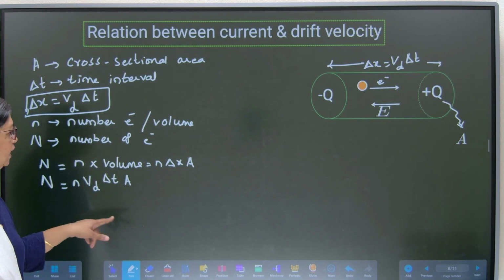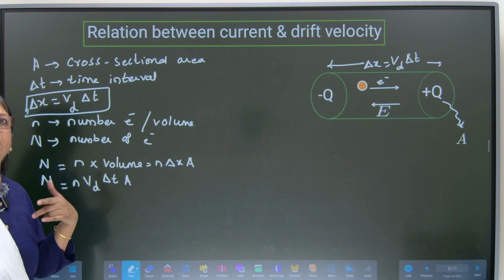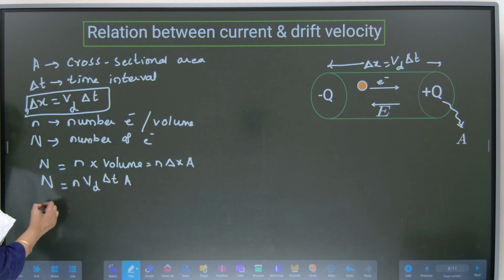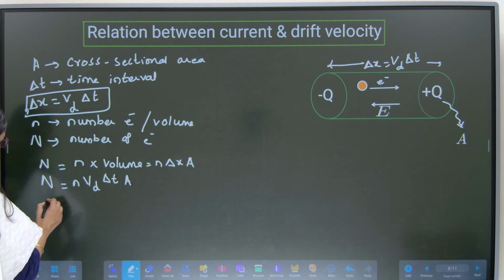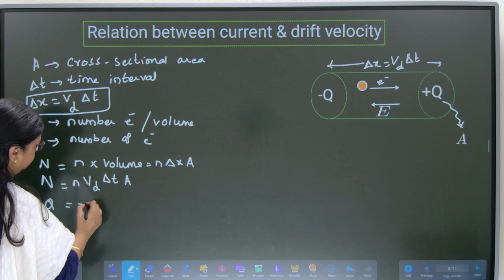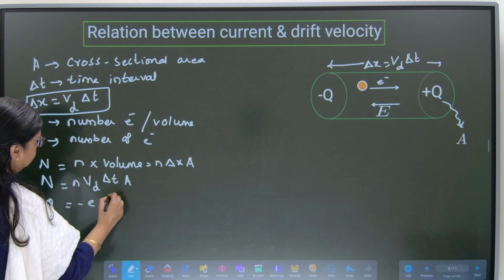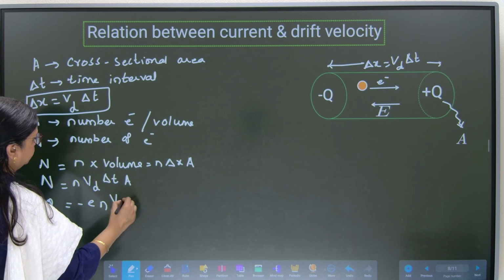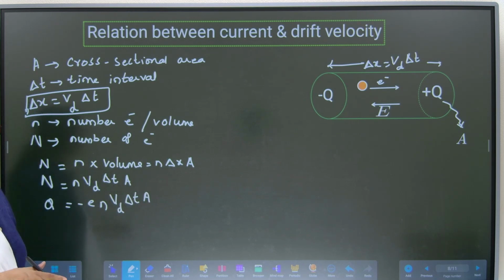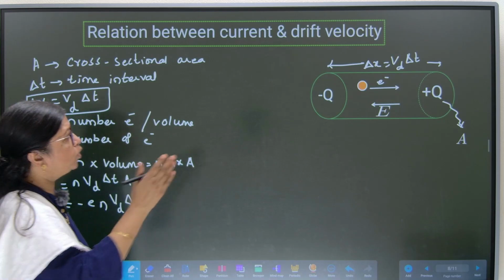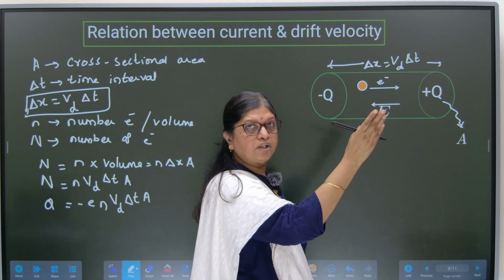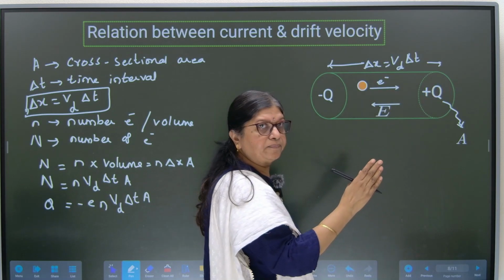Now, each of these electrons has a charge of e. So, let us write that Q is equal to negative e n Vd delta t A, which is the total charge which is moving against E towards the right.